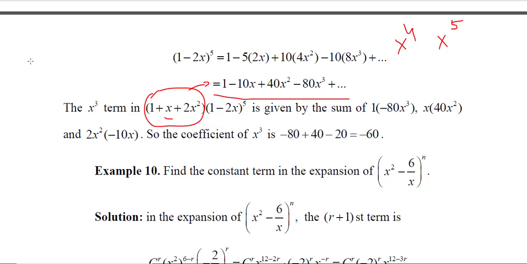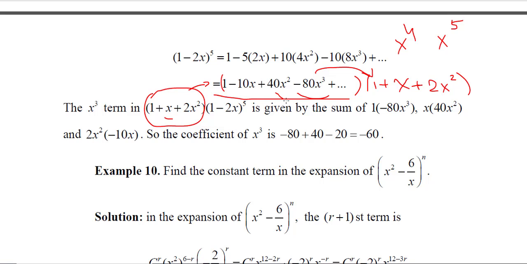So let me write here 1 plus x plus 2x squared. Yes, so here if we multiply this minus 80x cubed by 1, we get x cubed.